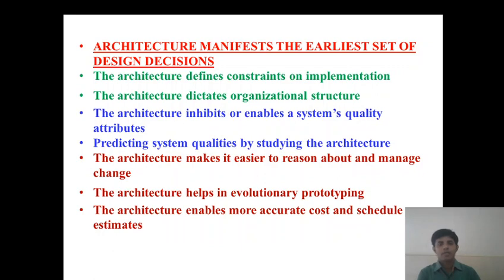We can also analyze all that in the software architecture. These are all early decisions. Early decisions mean that before implementing the project practically, if we take decisions at an early stage, yes, you can avoid a lot of difficulties.